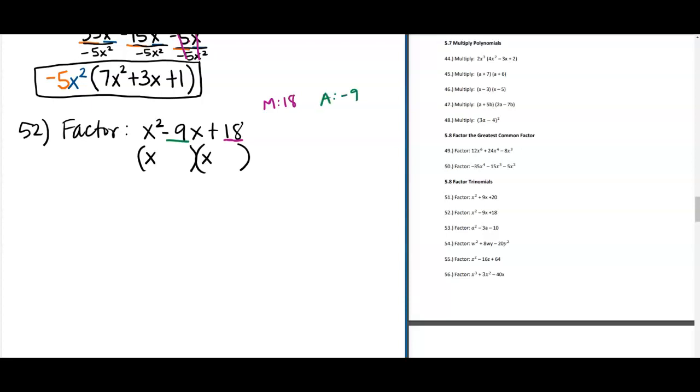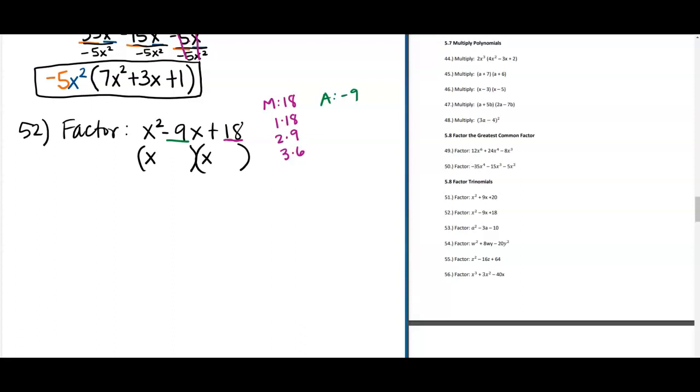So you're trying to think of all the factors of 18. Let's work organized: there's 1 times 18, there's 2 times 9, and there's 3 times 6. There's nothing any further because there's not a 4 times something that's 18, there's not a 5 times something that's 18, and then we're back to the 6 here. So these are the only factors.